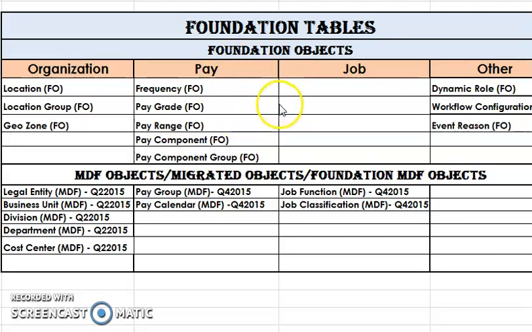There are different objects in the foundation data. Initially, foundation objects were only one set of objects, but slowly a few of the foundation objects are getting migrated to MDF, the Metadata Framework, where configuration is done without the help of data models.